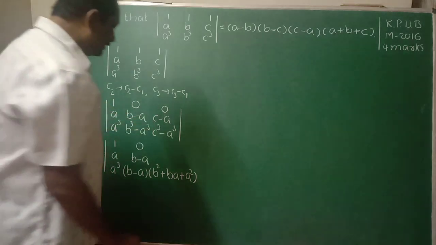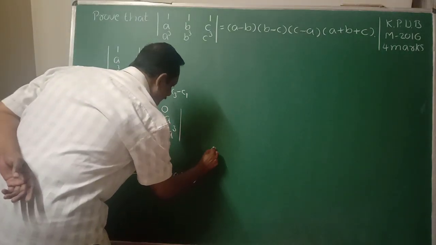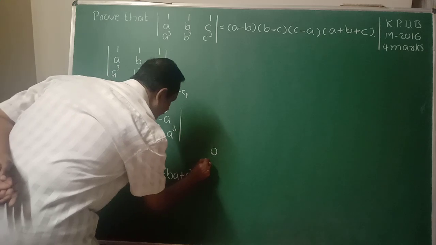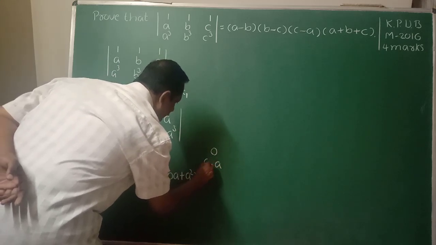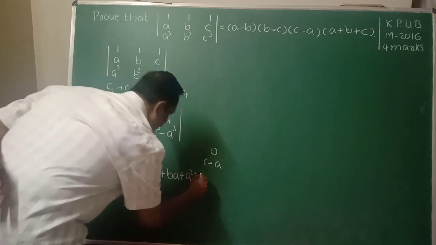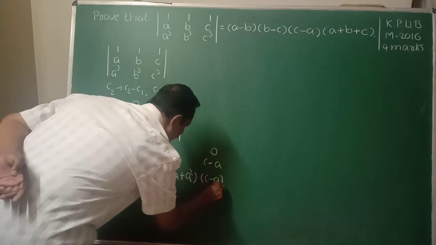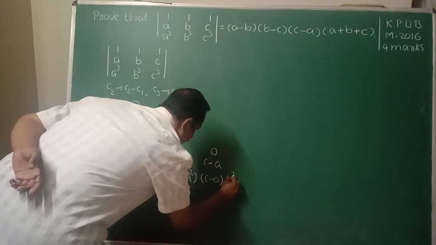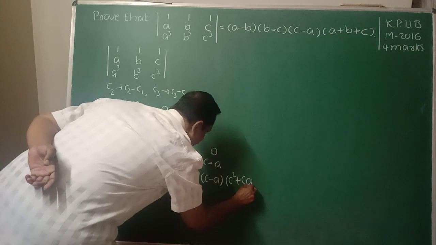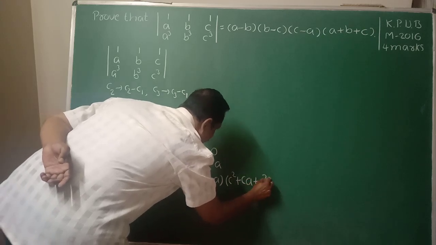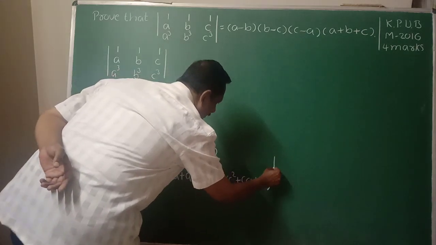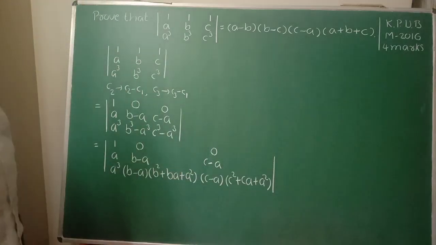Then again the third column elements are 0, then c minus a, then c cube minus a cube is c minus a into c square plus ca plus a square. Okay, it is complete here.